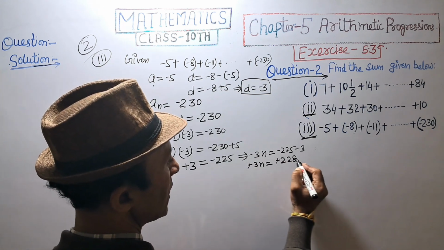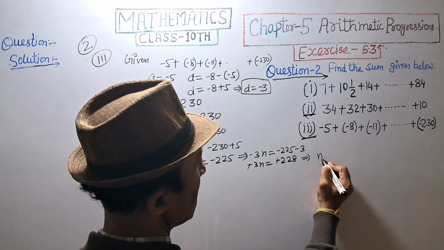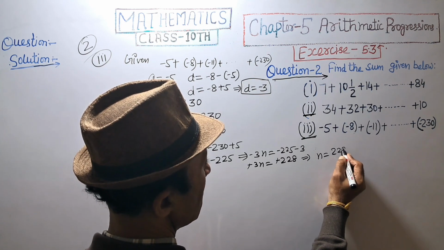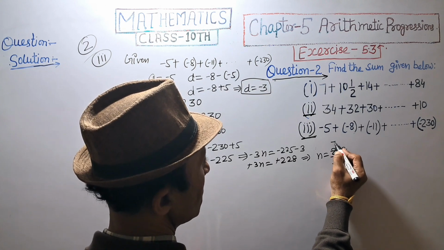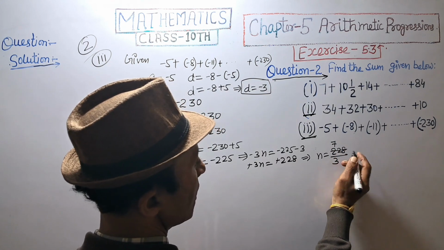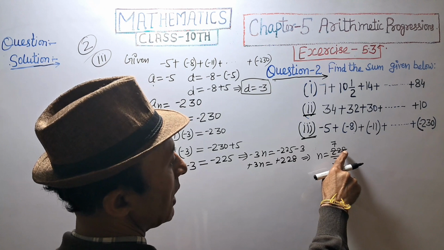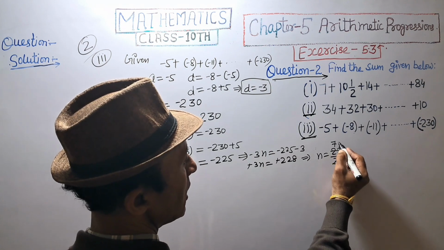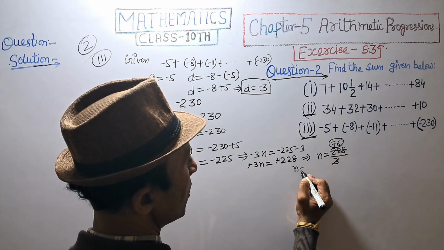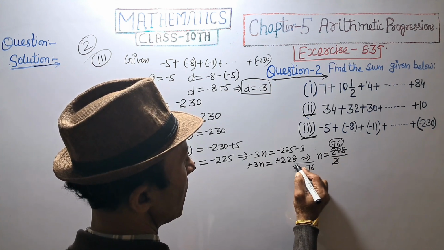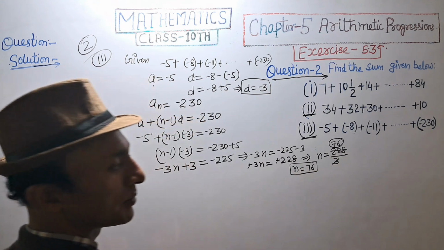Minus minus is cancelled, so n is equal to 228 divided by 3. 3 sevens are 21, 1 carry 18. 3 sixes are 18. So n is equal to 76.